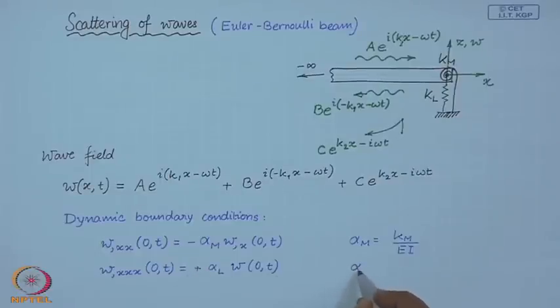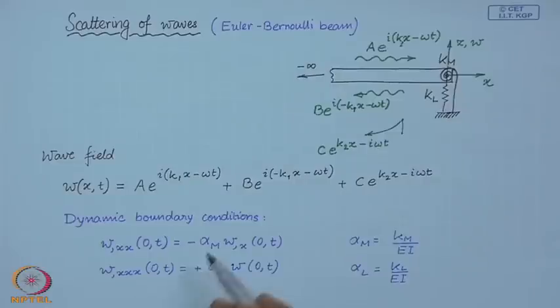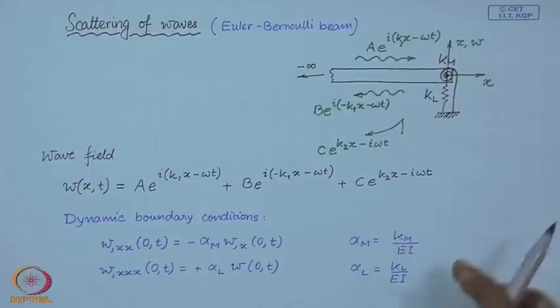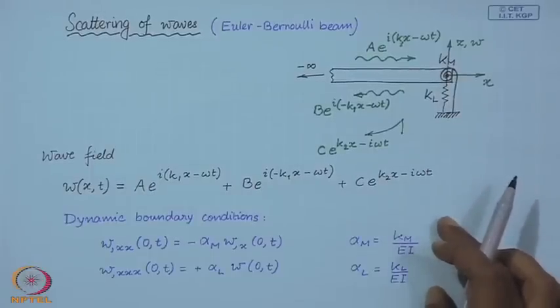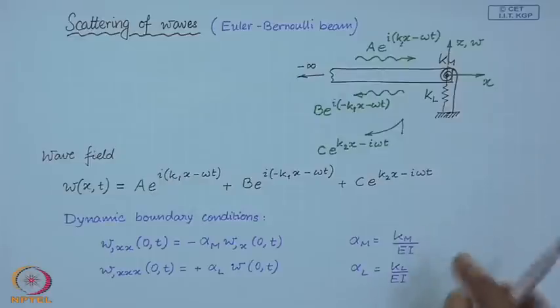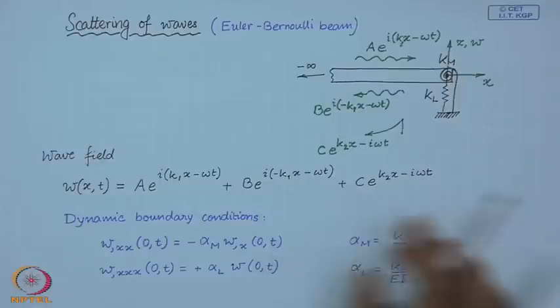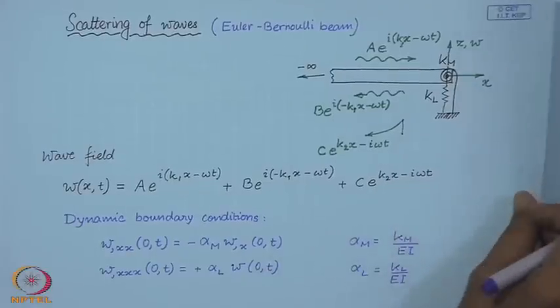This is K L over E I. There is a positive sign because in the relation between moment and shear force there is a negative sign. So we finally have the boundary conditions, which are dynamic boundary conditions.